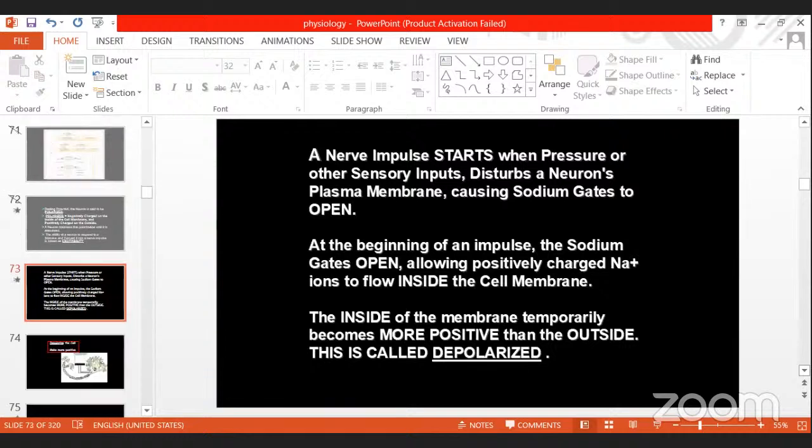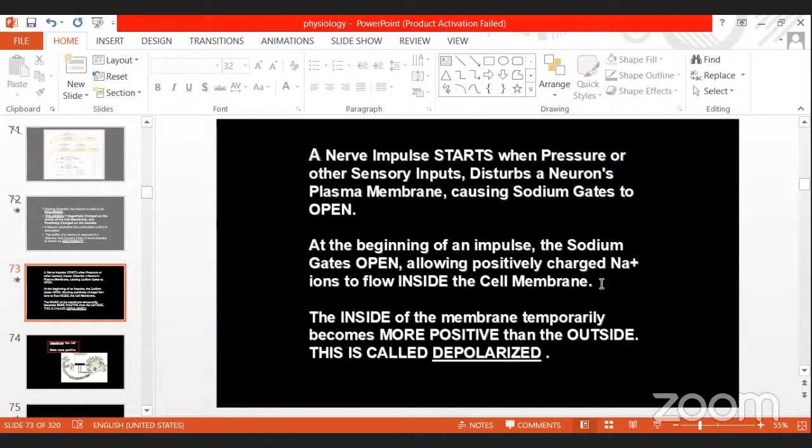A nerve impulse starts when sensory inputs like pressure, thermal, or chemical disturb the neuron's plasma membrane, which causes opening of the sodium gates.